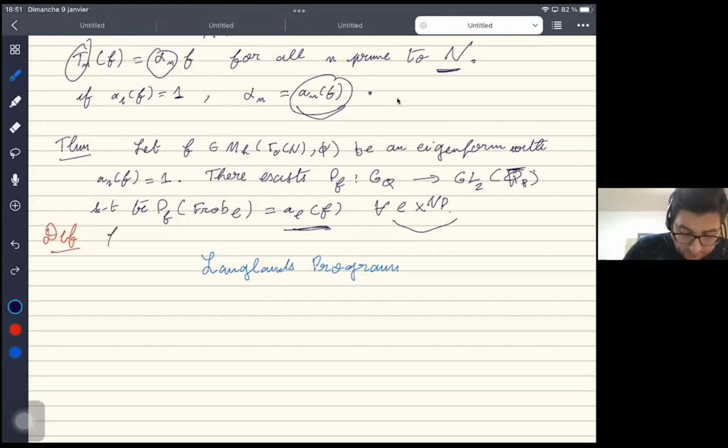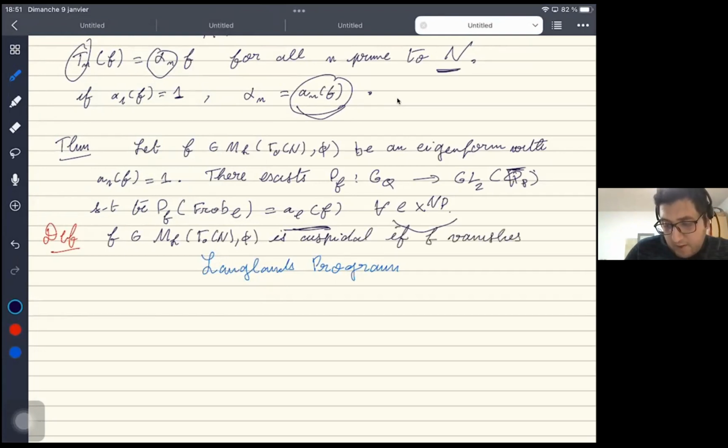It's important. f in M_k is cuspidal if f vanishes at the cusps. I mean, if you write the Fourier expansion at any cusp, infinity and other cusps, the constant term is 0. And if f is cuspidal, we have an important property: the Galois representation here is irreducible.